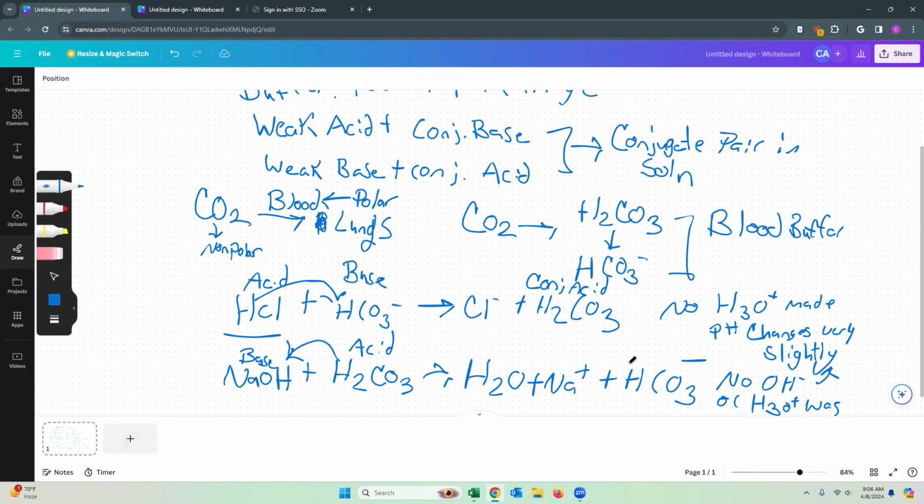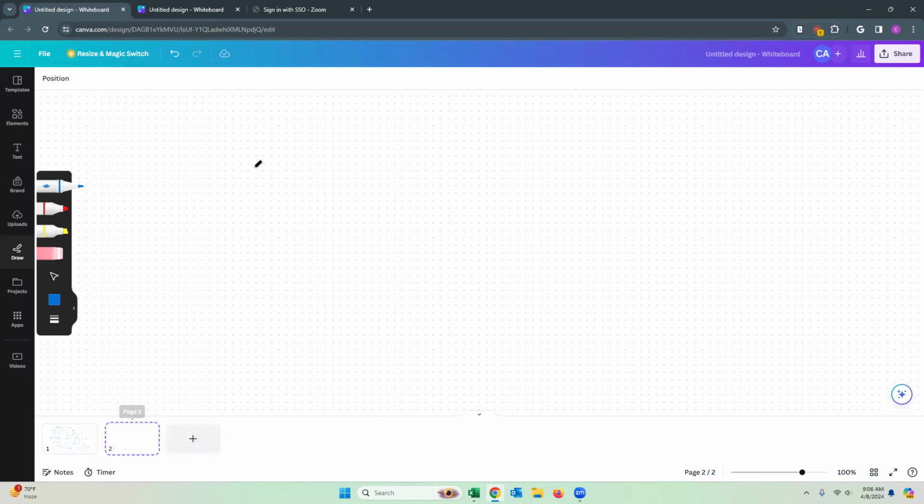And so let's actually calculate how the pH of a buffer is measured. Let's talk about the Henderson-Hasselbalch equation.